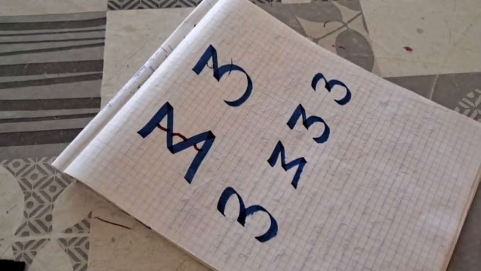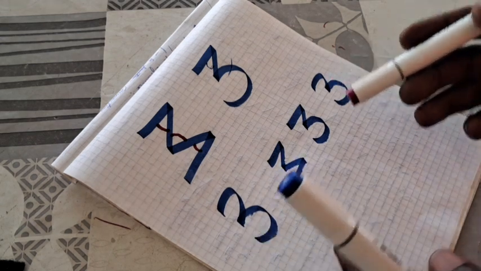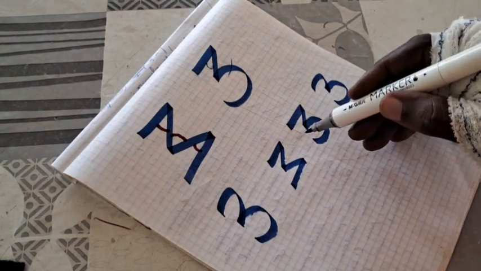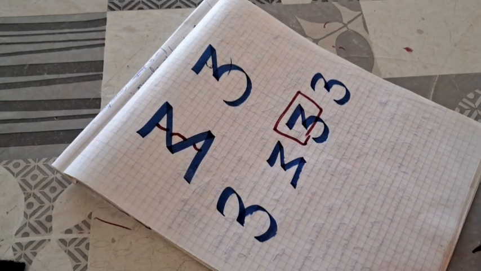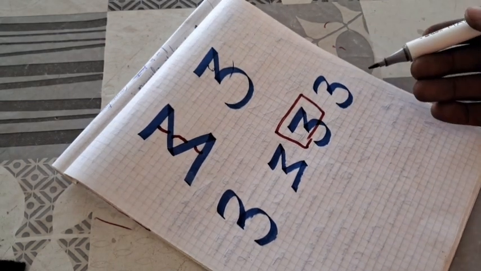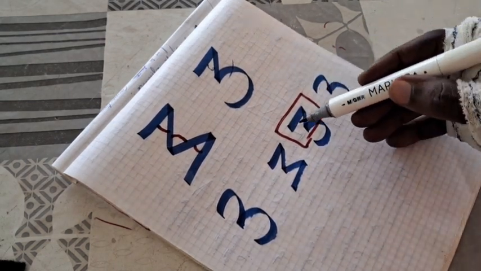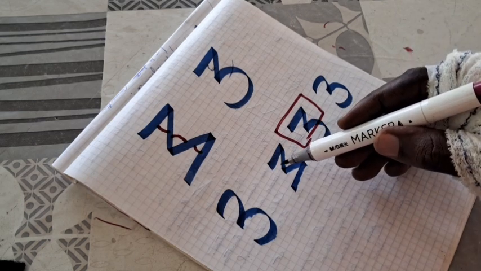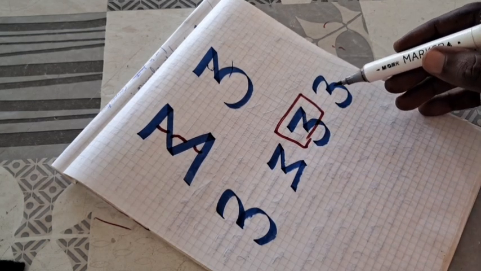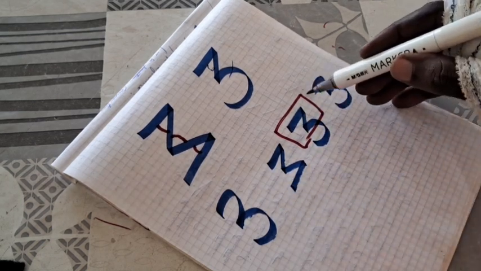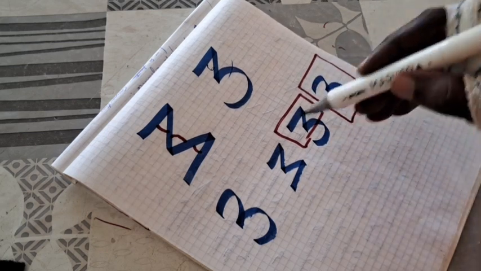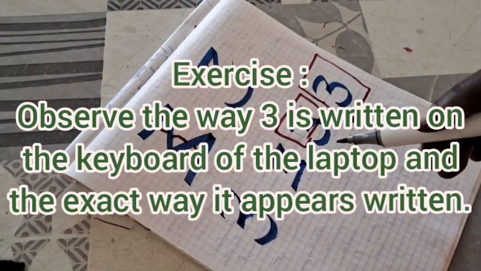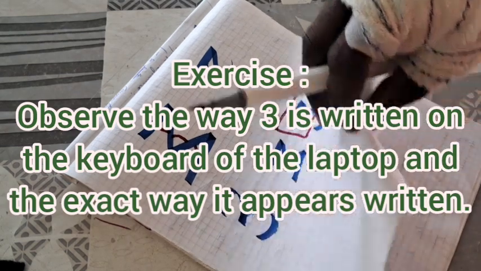Just let the students understand why they write this way. It will make them to appreciate the letters. So this has retained part of the history. This has completely been modified to suit the pen writing. So let's look at 4.